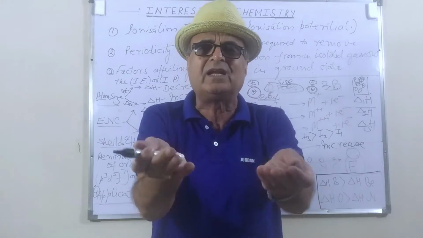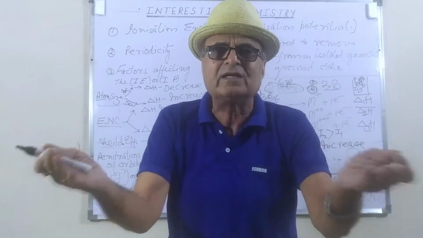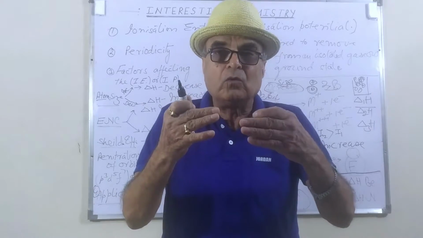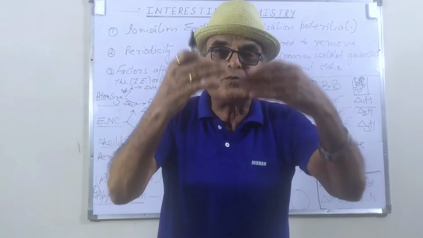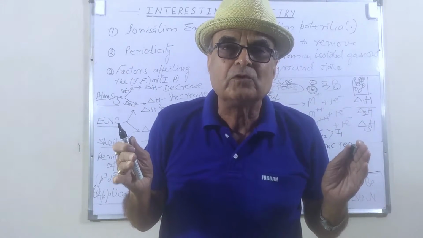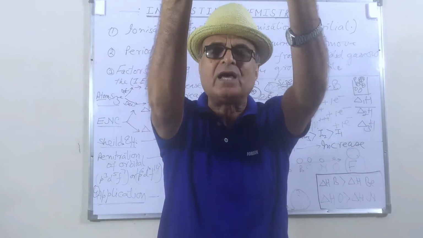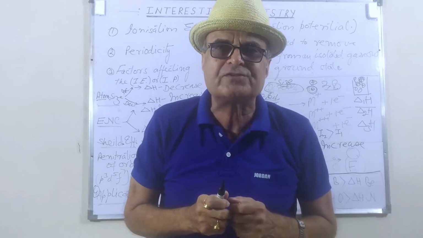Suppose I am in class, there are only 10 students and I am watching them very clearly. Suppose now the number of students increases up to 50. Then I won't watch properly the last bencher students.